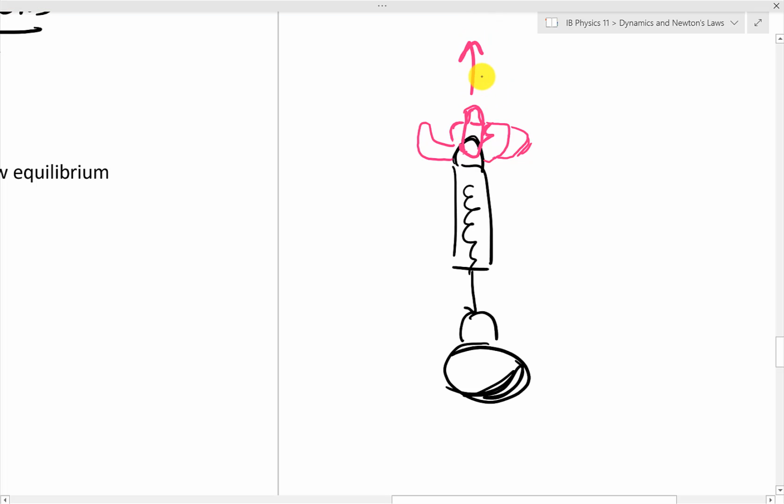By pulling the spring scale upwards, something is going to happen to the spring. What do you think? Do you think the spring is going to stay the way it is? Will it stretch, or will it compress? I want you to think about that.